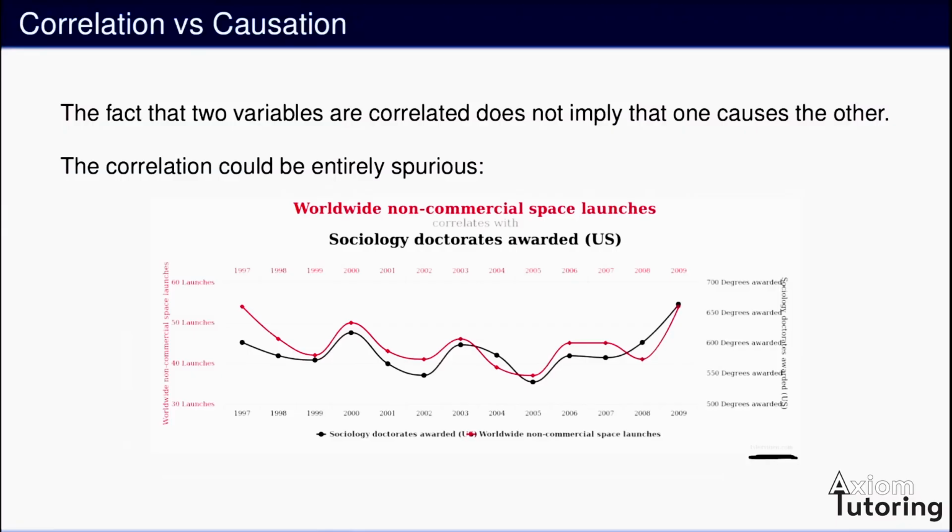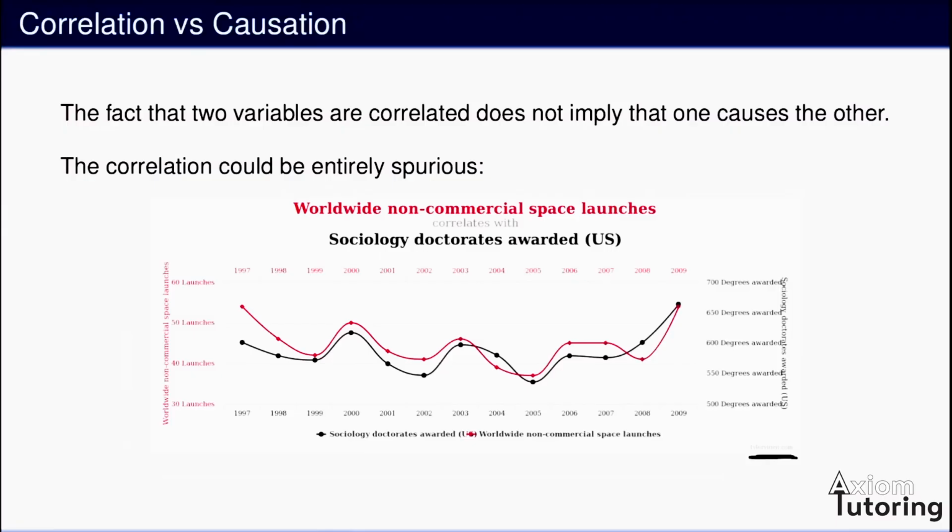Obviously, there's no real reason to assume that there would be a causal relationship between those two variables, but the data might show similar downward trends. You can take any sort of time series data and you will come across these kinds of problems. So you have to be extremely cautious whenever you deal with time series data.